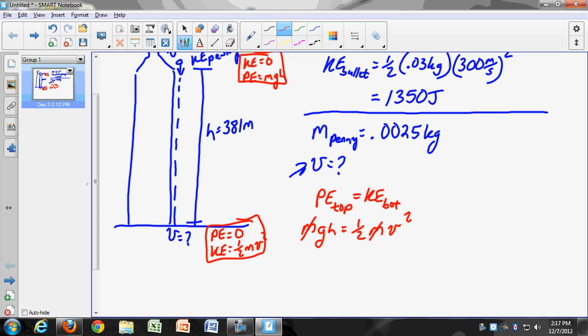Let me cancel out my masses, and I'll solve this for v as the square root of 2gh. That's the square root of 2 times 9.8, the acceleration due to gravity, which is what's causing it to accelerate, times the height, which is 381 meters. So it's coming to a velocity of 86 meters per second.